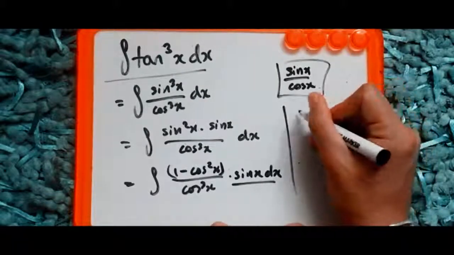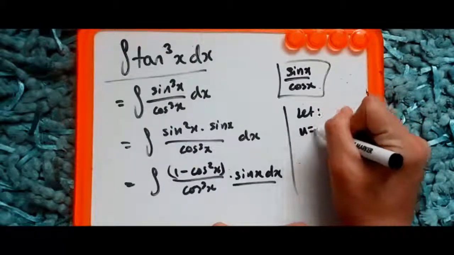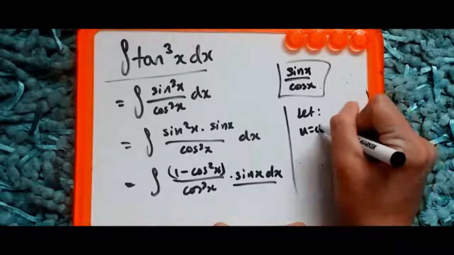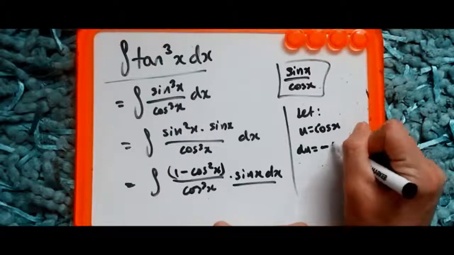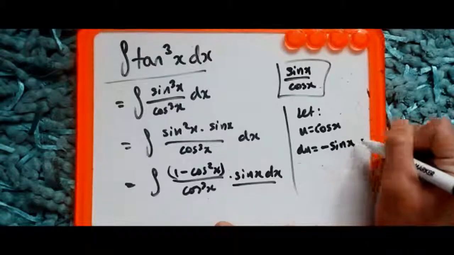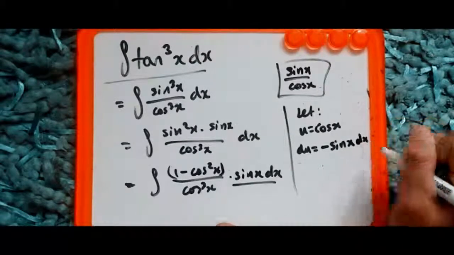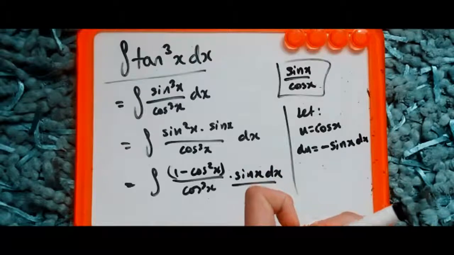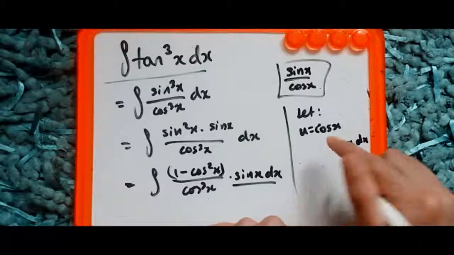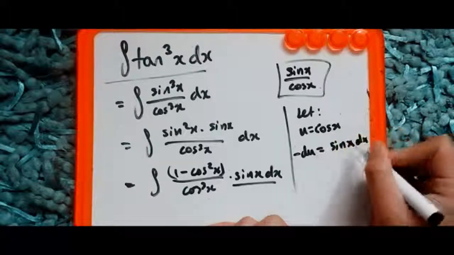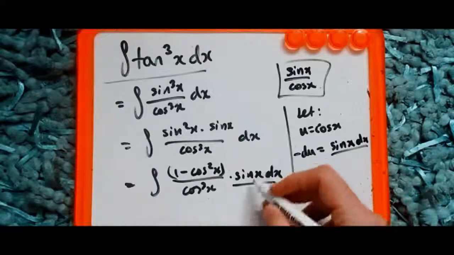So by u substitution, let u equal cos x. Differentiating, du gives us minus sine x dx. Of course, I will just put the minus on the other side for convenience, so minus du equals sine x dx. Here's our minus du.